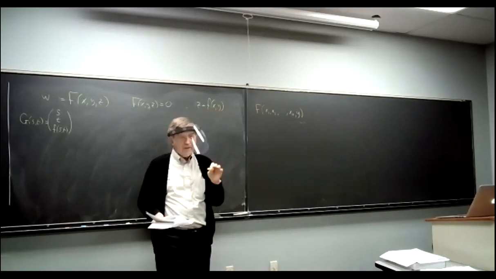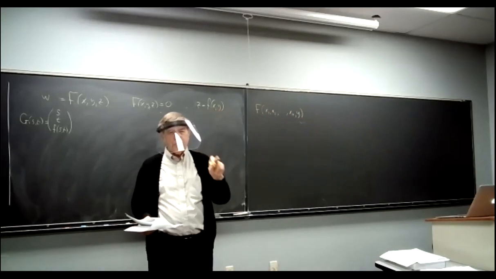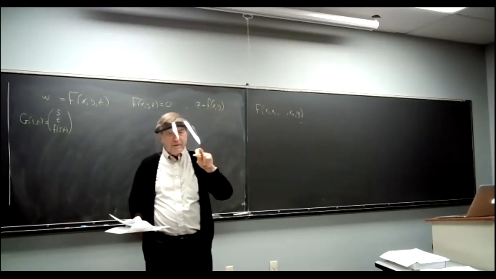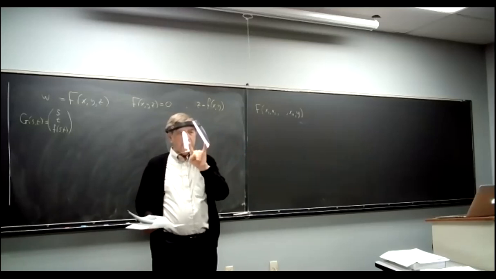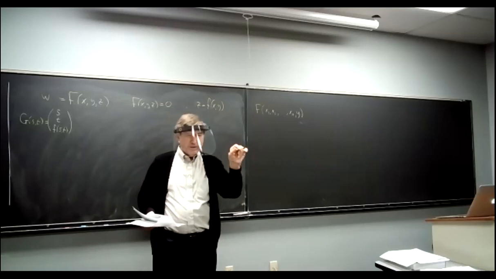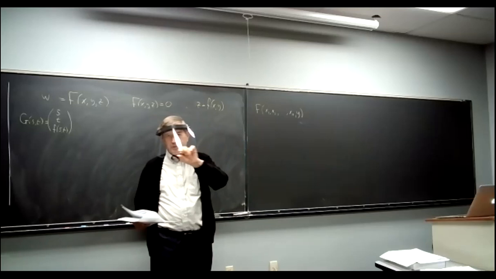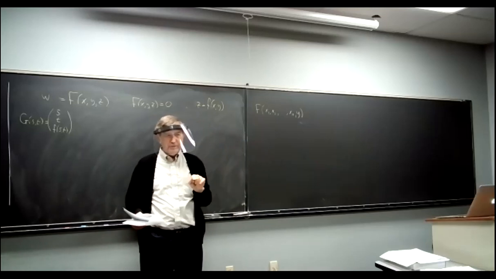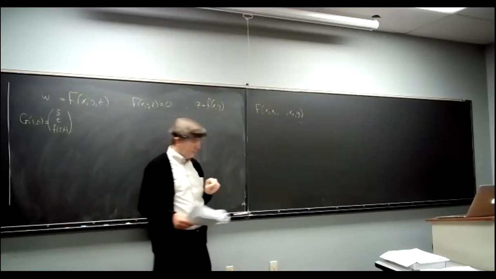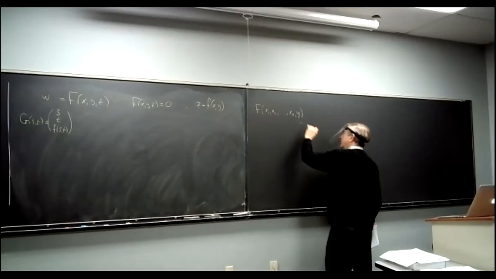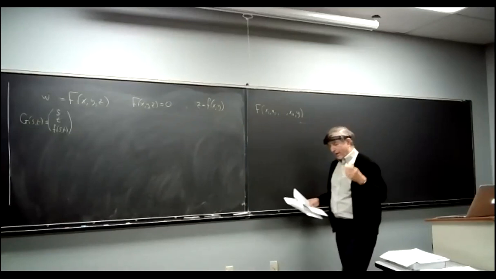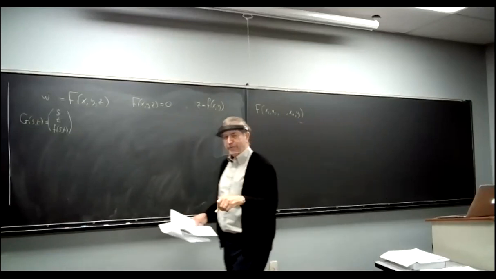What you have in Calc 1 is something like x squared plus y squared is 5, and you say y is a function of x, so you have 2 variables. You make the second variable a function of the first variable, and then you differentiate. That's called implicit differentiation. If we have 13 variables, we want to write one of them as a function of 12 of them.